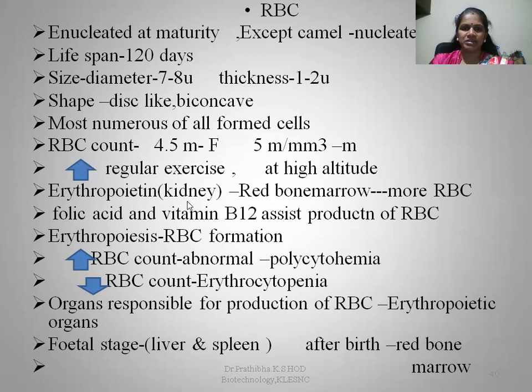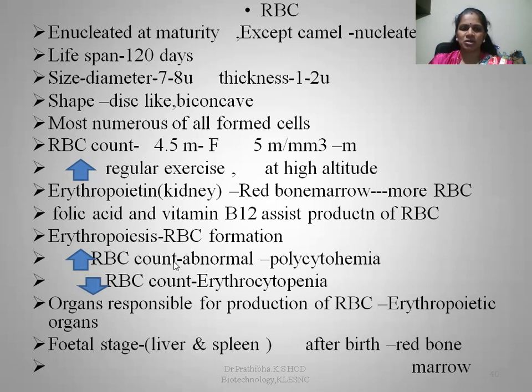Erythropoietin is involved in the process of production of the RBCs in the kidney and red bone marrow, where more RBC production can be seen. Folic acid and vitamin B12 assist production of red blood corpuscles. Erythropoiesis means RBC formation or production.